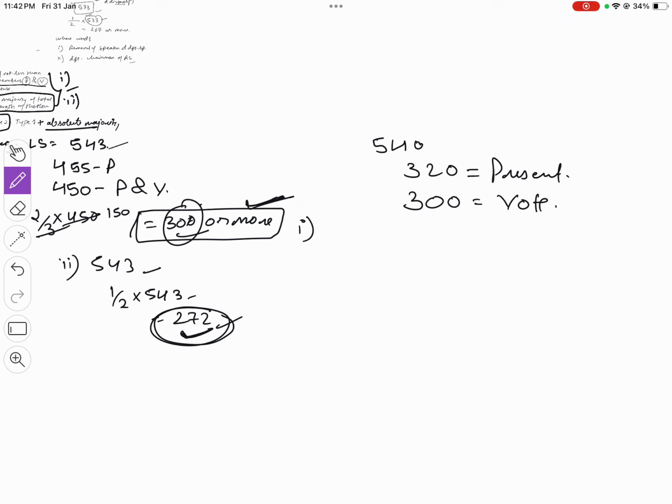For a bill to be passed by special majority type 2, what is required? Here you have a total of 540 members, but on the day the bill was actually implemented, only 320 members were present and only 300 voted.